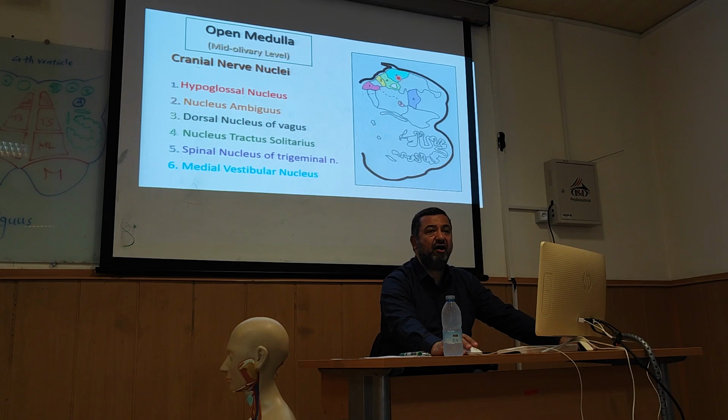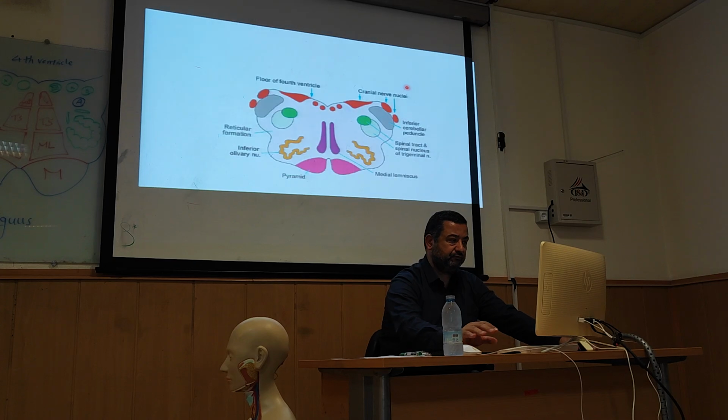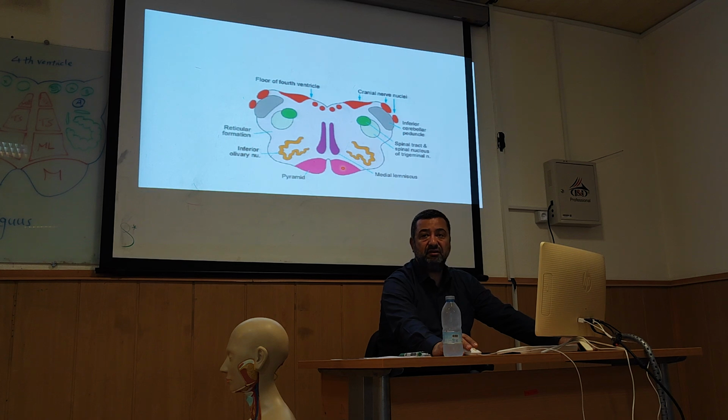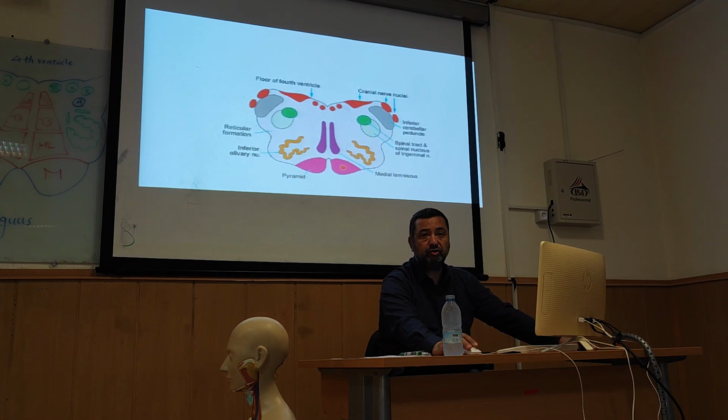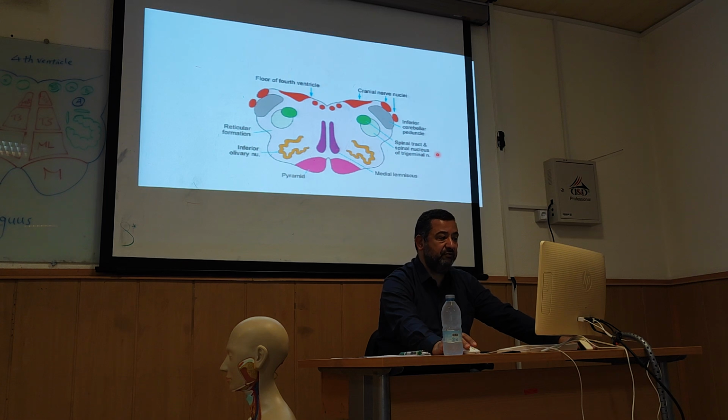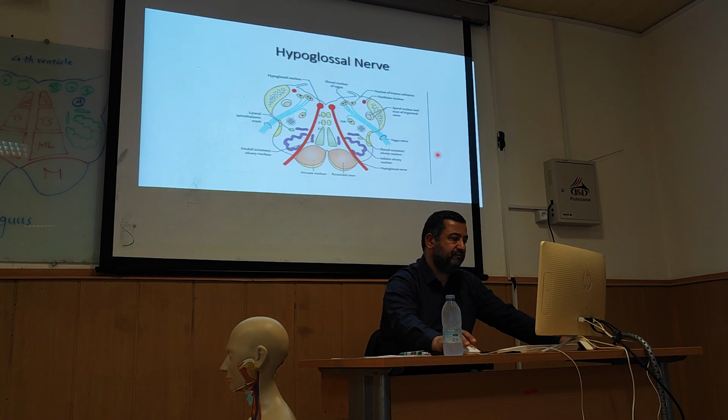This is medial vestibular nucleus, and here is lateral vestibular nucleus. On the floor of the fourth ventricle, you see these nuclei. What's this? Corticospinal tract, motor. And this? Medial lemniscus.